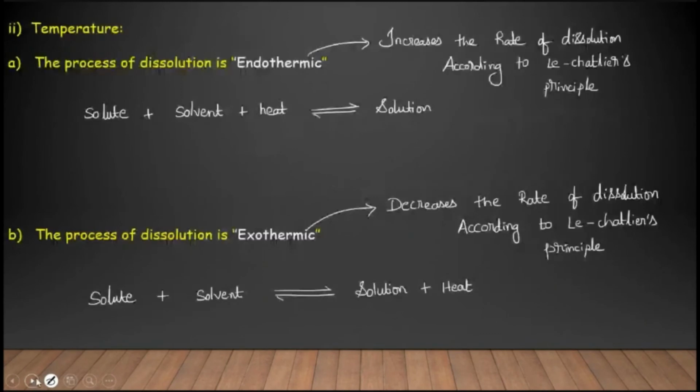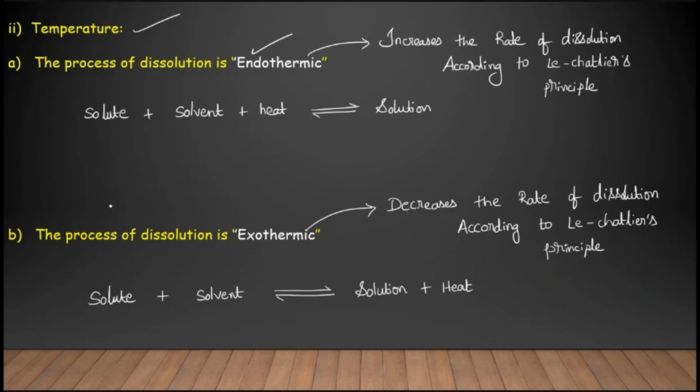We'll move on to the next factor, that is temperature. Temperature is also one of the key factors which plays a role when you dissolve a solute in a solvent. As you all know, there are two types of processes possible when you dissolve a solute in a solvent.